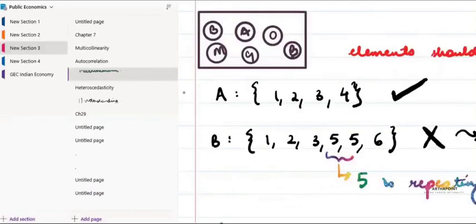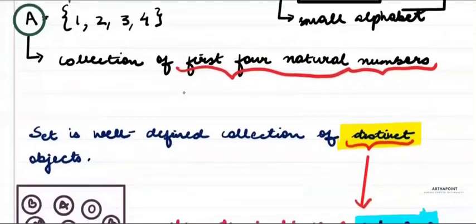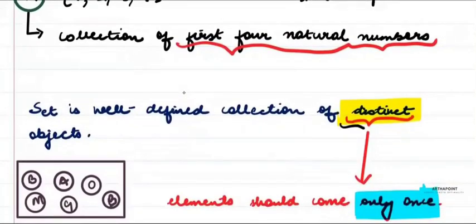This is the definition or meaning of being distinct. You only see each element coming exactly once in the set.